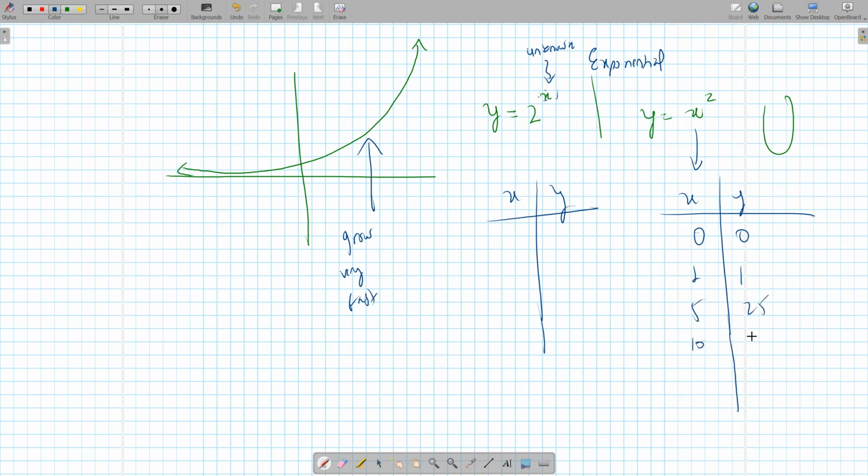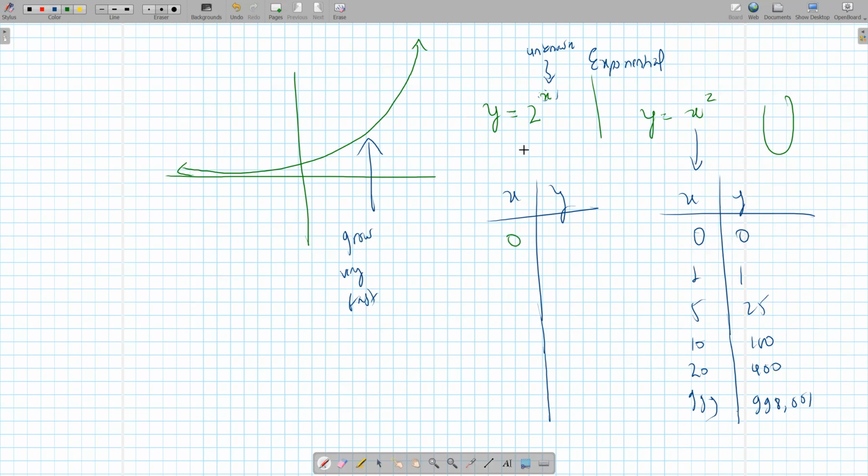And then 10 would be 100, and we can keep growing this very quickly. 20 would be 400. Let me do 999, and this one I can't do in my head, unfortunately. 999 squared is 998,001, okay? So this one also grows, but the other one will grow way faster.